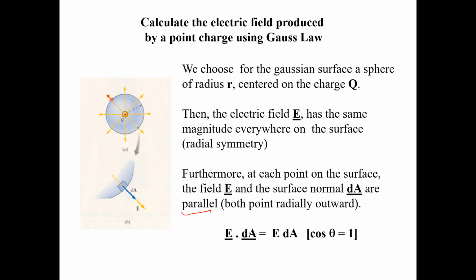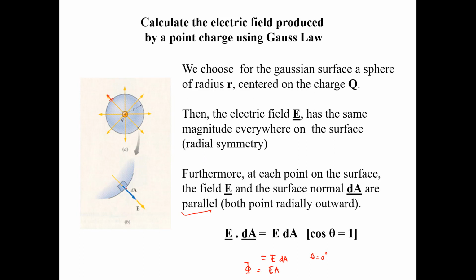It is parallel, right? So you have E dot dA is just equal to E dA cosine theta, where theta is, since parallel, equal to 0 degrees. So this is just equal to E times dA. Okay? So the flux is just equal to E times dA, or if we account for everything, the flux is equal to E times A. Okay, so take note of that, class.